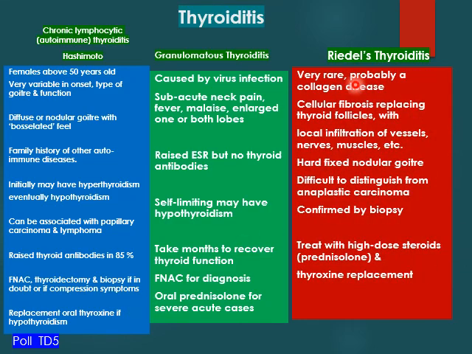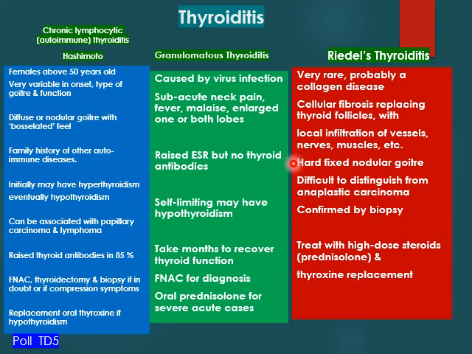The third group of disease is Riedel's thyroiditis. It's a very rare condition and is probably a collagen disease. There is infiltration of fibrous tissue replacing the thyroid follicles with local infiltration of vessels, nerves, and muscles.